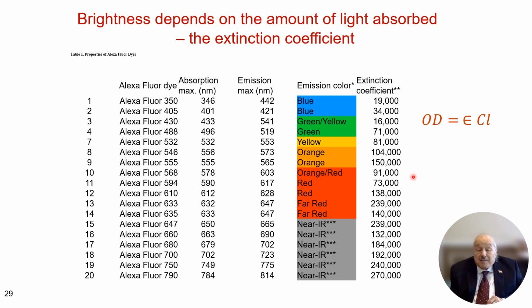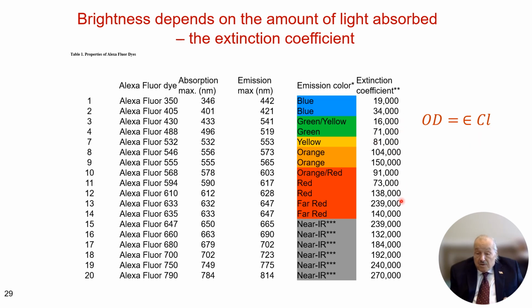So just think about this for a minute, and I'll do that by showing you a list of Alexa fluors and a list of extinction coefficients. Remember, the optical density of your sample is given by the product of the extinction coefficient, the concentration of the fluorophore, and the path length.